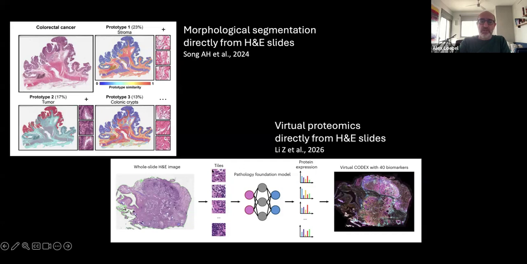Imagine that instead of having to go through the CODEX machines and pay a lot of money, you can do virtual CODEX directly from the H&E, and having foundation models definitely helps in this direction. This is a paper from a few weeks ago on how you can virtually stain proteomics biomarkers directly from H&E slides.